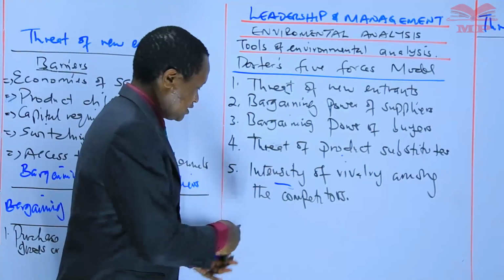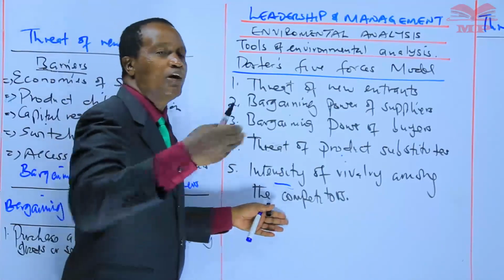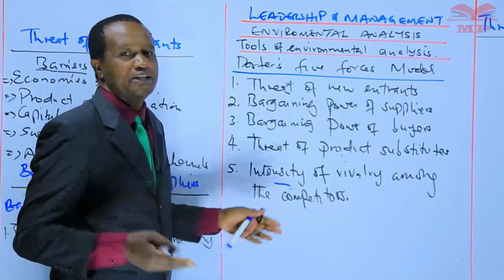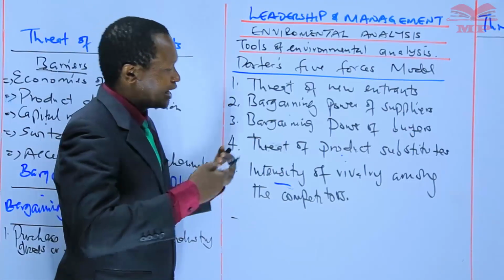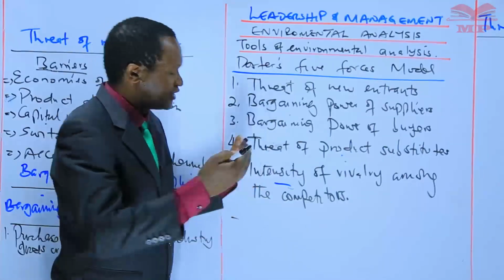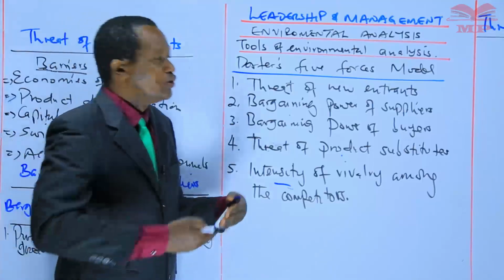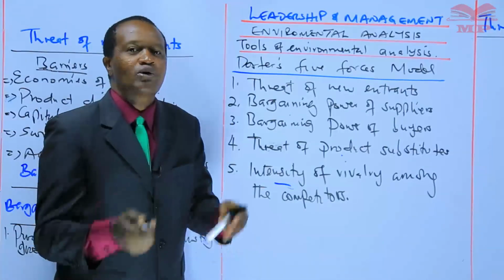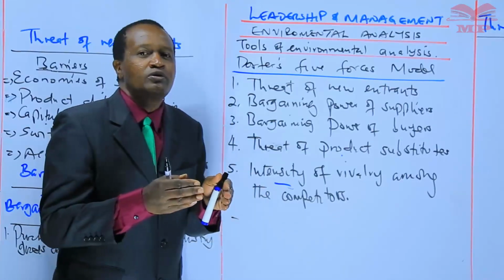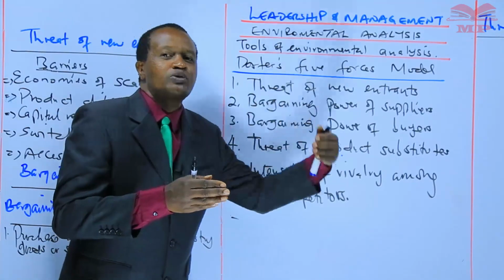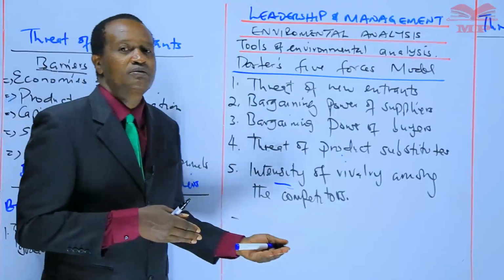The first one is numerous or equally balanced competitors. When are we likely to have intense rivalry? Intense rivalry is expected, candidates, when there are numerous and equally balanced competitors. In intense rivalries, it is uncommon for a few firms to believe that they can act without eliciting a response.